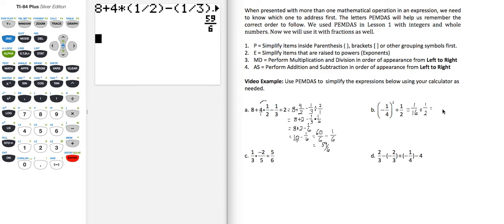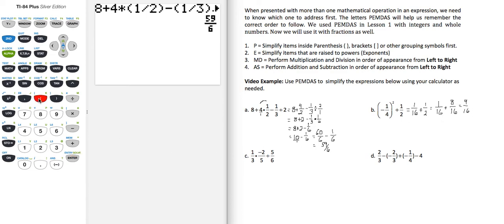Now I have two fractions. I'm going to add, after I get a common denominator. Common denominator is 16. 2 goes into 16 eight times. 8 times 1 is 8. So 8/16 is equivalent to 1/2. If I add the numerators now over the common denominator, I have 9/16, which should be my final result.